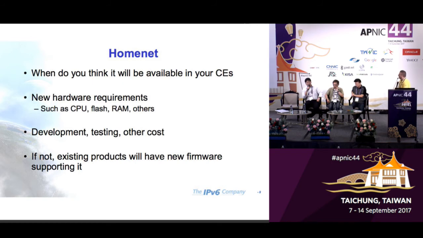Since 2013, right after the IPv6 launch, we had a meeting in Philadelphia talking about forming the HomeNet working group. Allow me to give the audience a little bit of background regarding home networks.